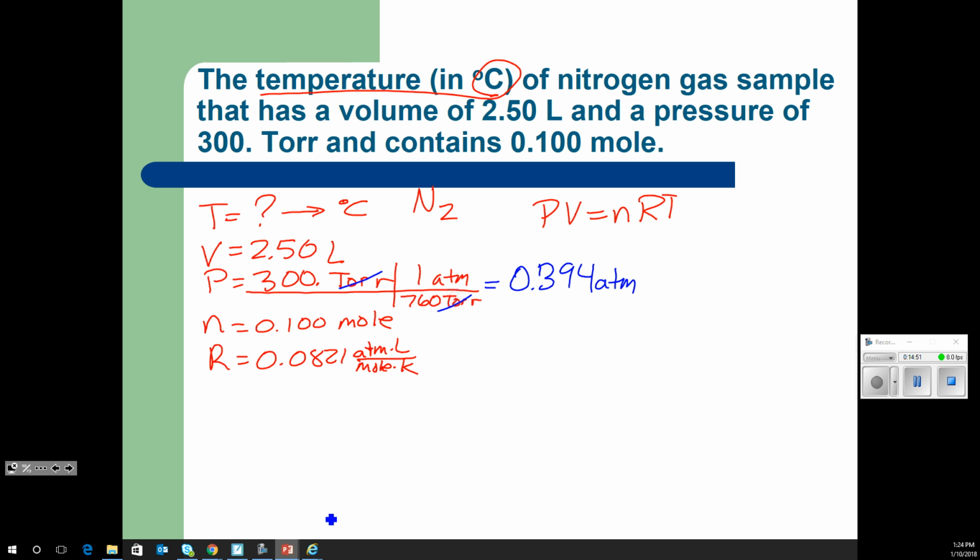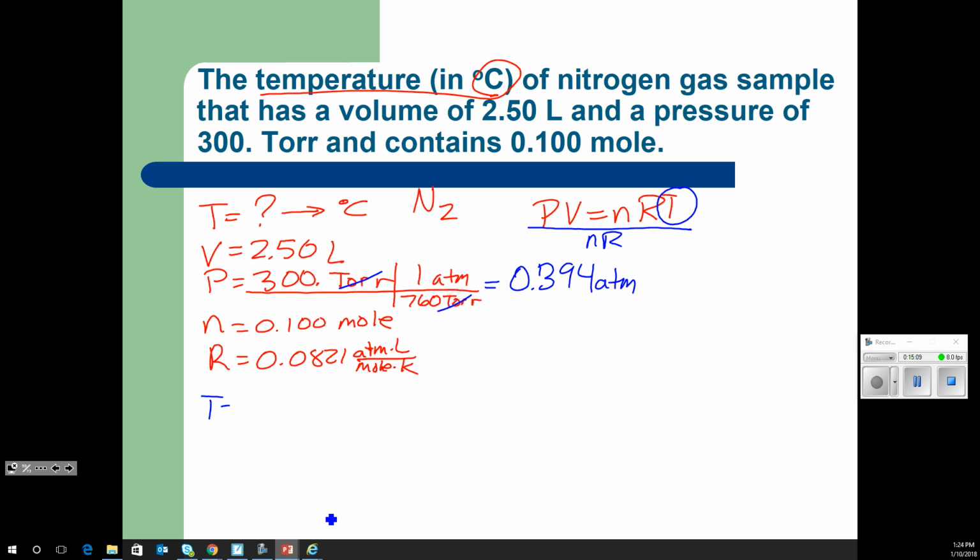Okay, so this time, what are we looking for? We're looking for temperature, right? And you notice that I'm circling what I want to find so that I want to get it by itself. I'm going to divide both sides by nR in order to get T by itself.